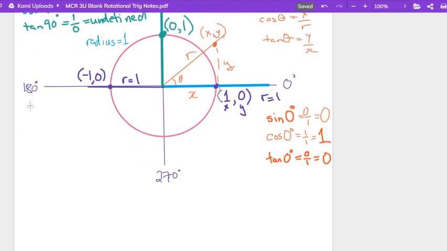Okay, so sin of 180, y over r, what is it? 0. Cos of 180. Go ahead and fill those in.